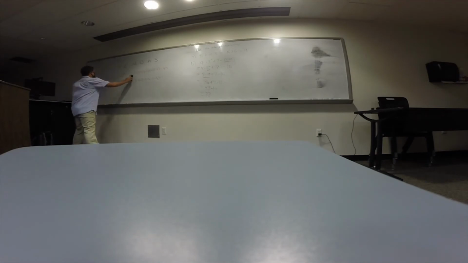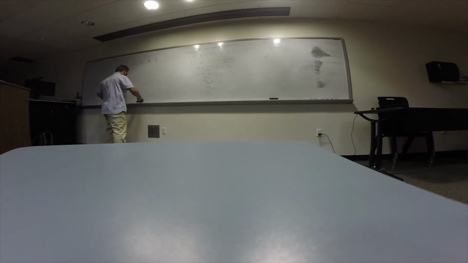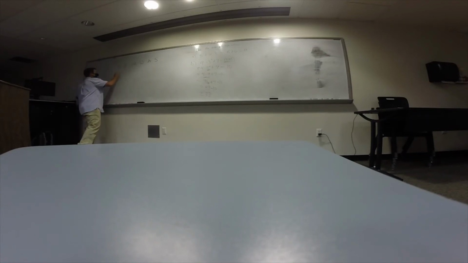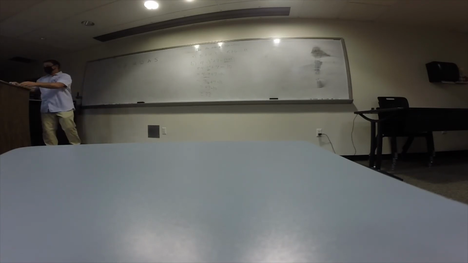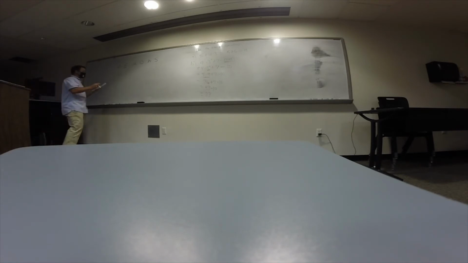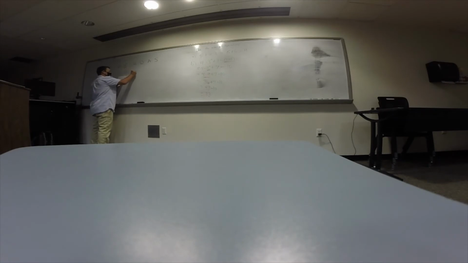Let's look at C. C, I've got 2 times 8 minus 12 minus 11 times 4, over 5 times -2 minus 3.